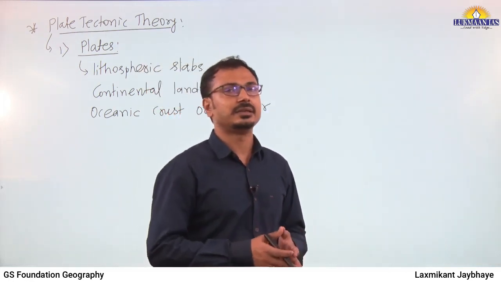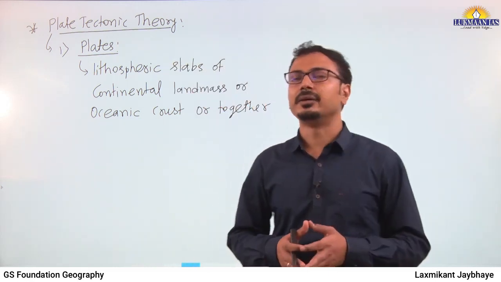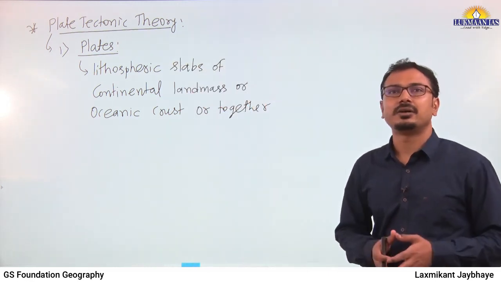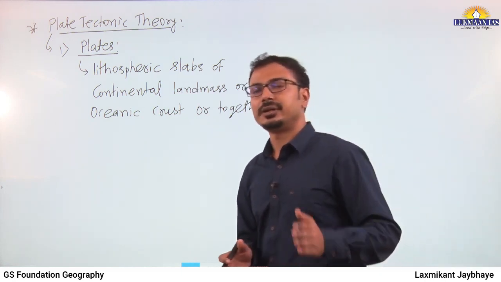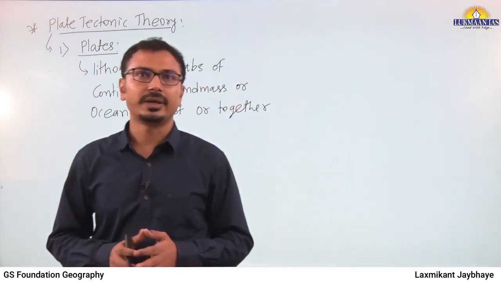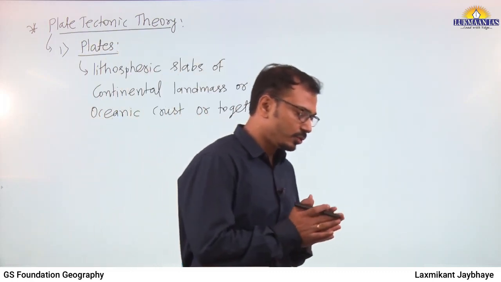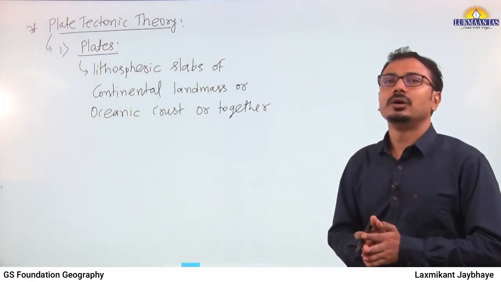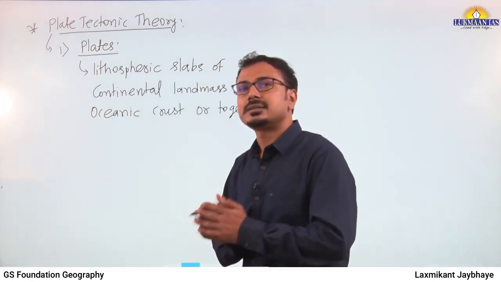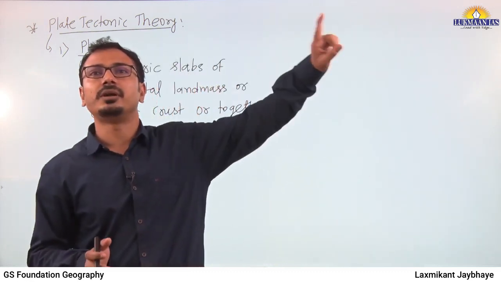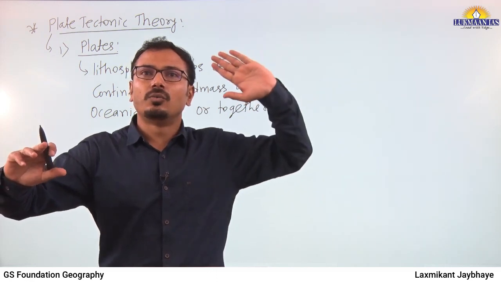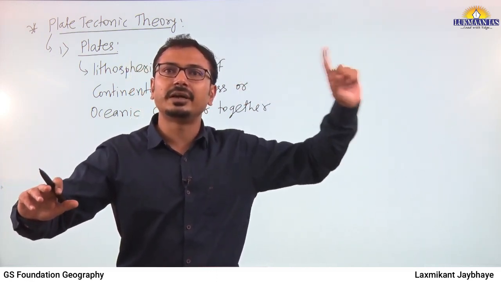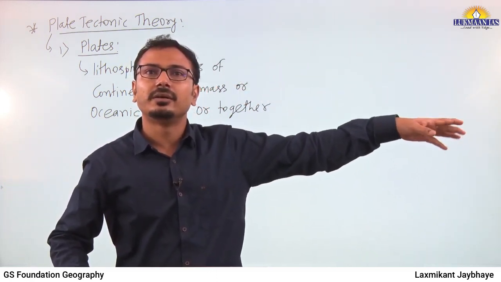As against this, if we call it the African plate, the majority of the landmass is continental, and that's why we call it a continental plate. Okay, so this is how we have to categorize them. But can we understand the difference between the continental drift theory and plate tectonic theory here? What did Wegener consider in continental drift theory?